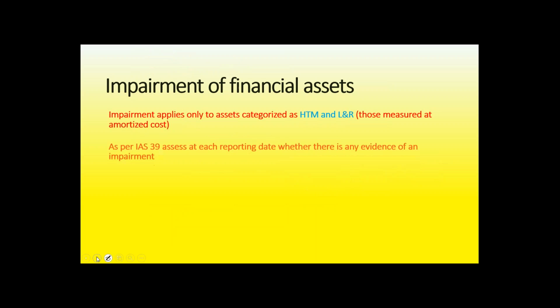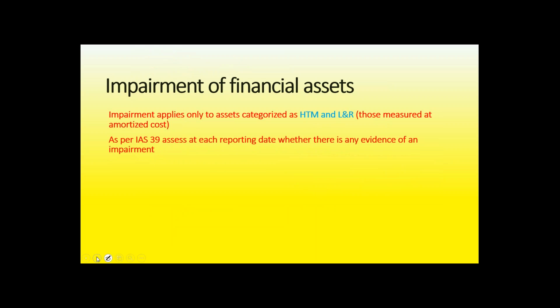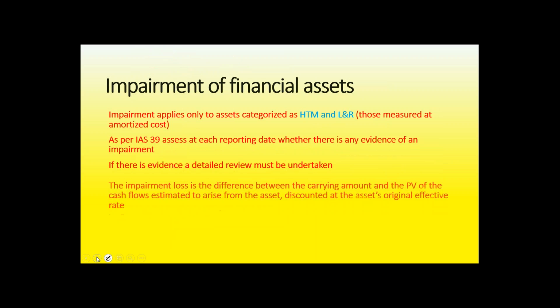So the moment there's an impairment, we have to find out at each reporting date whether there is any impairment. You are giving me a loan, you must see whether I'm in a position to repay. If not, bring that impairment. If there's evidence of an impairment, a detailed review should be undertaken.